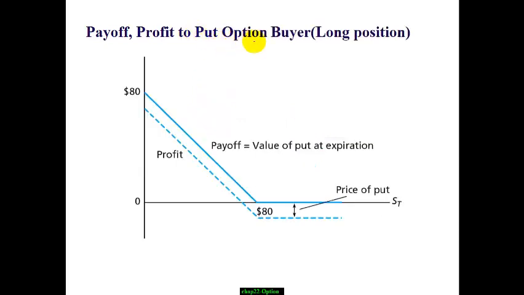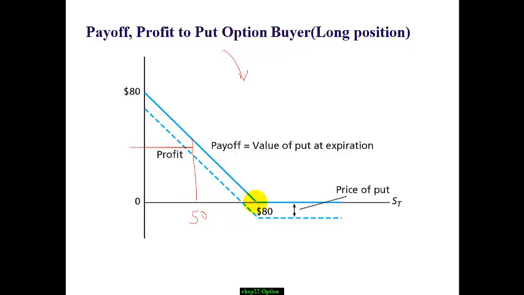Now take a look at the put option. The buyers in the long position pay the option premium and own the options. Put option buyers are betting the stock price will go down. So a put option is in the money when the price goes down. Let's take a look. The strike is $80. Suppose the price finishes at $50. Then the put option is in the money. Why?